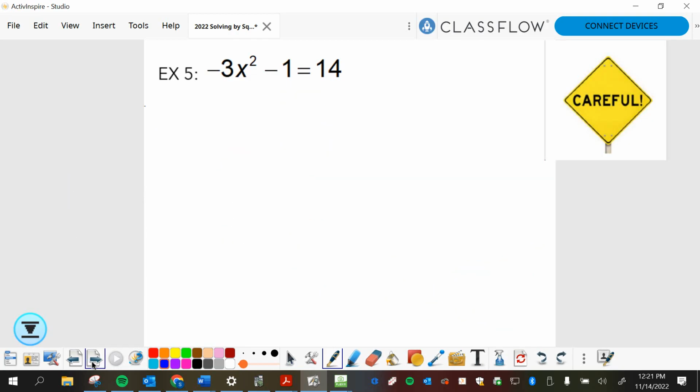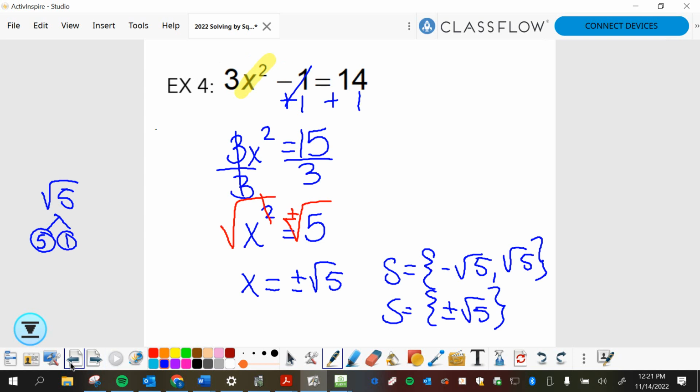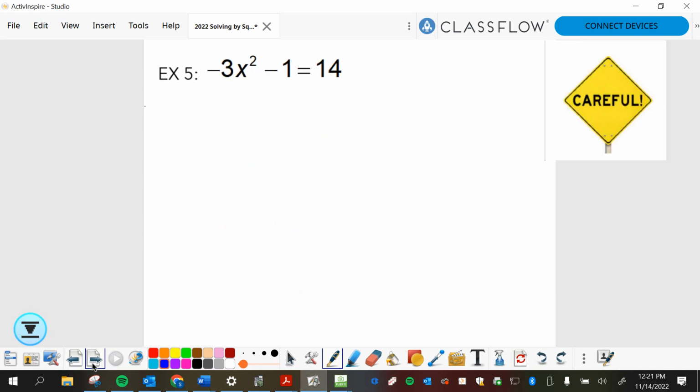Okay. Doesn't it look like example 5 is almost the same problem? You see the difference? There's a negative in front of the 3 on this one. So let's see why we have a little caution sign, why we have to be careful. So let's approach it the same way. We're going to add 1, and then we're going to have negative 3x squared equals 15.